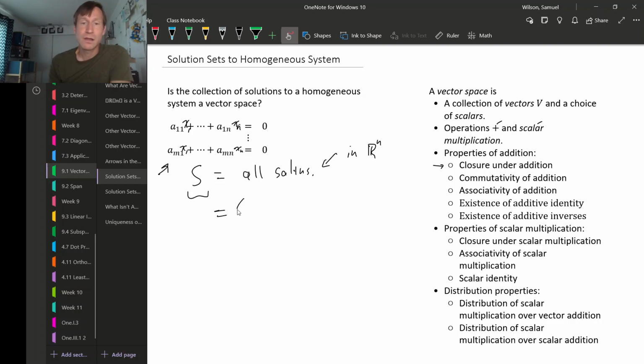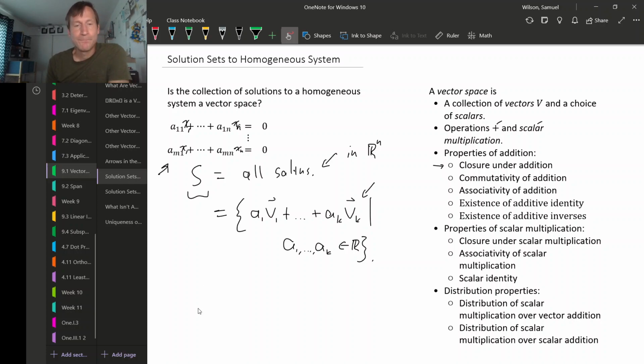We have these fixed vectors v1 through vk. And if we take any combination of them by multiplying them by scalars and adding them up, so here a1 through ak are all real numbers. Every solution, we can find fixed vectors v1 through vk so that every solution looks like this, and everything that looks like this is a solution.